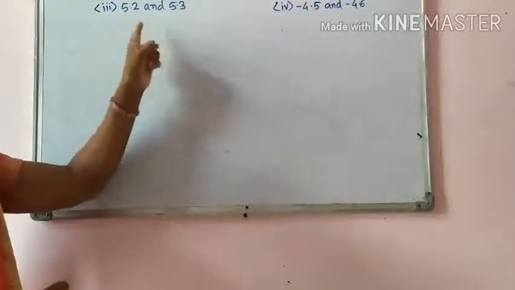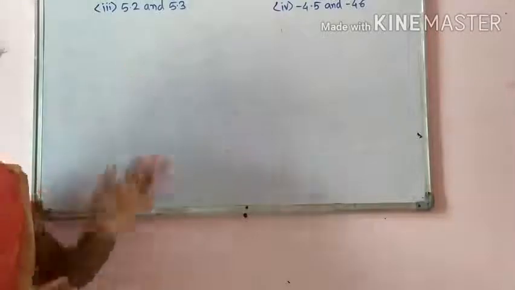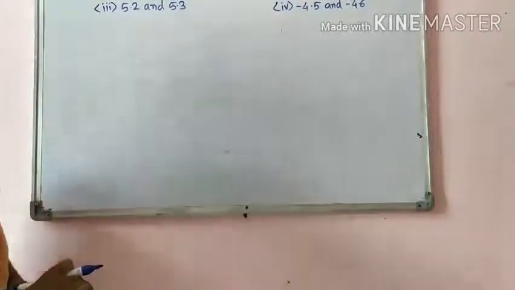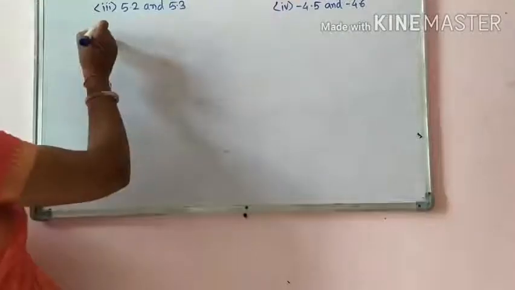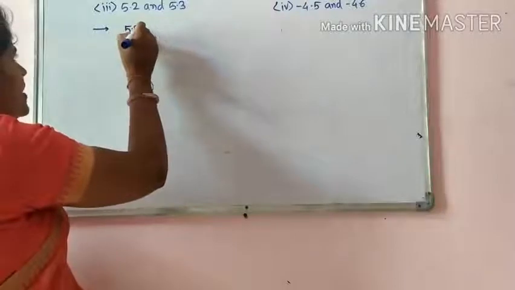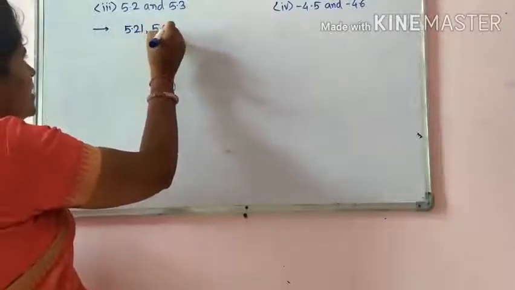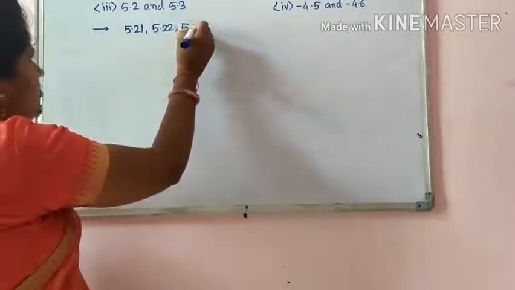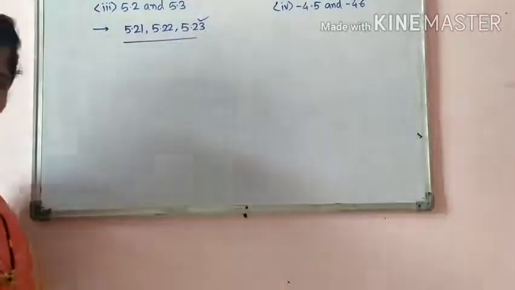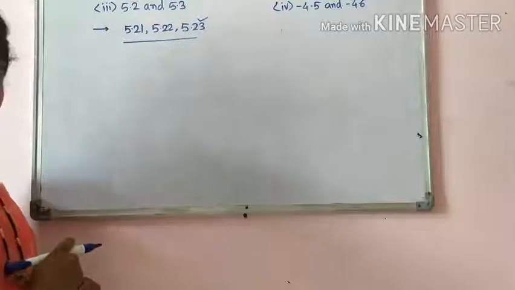Find rational numbers between 5.2 and 5.3. Now we know that there are infinite rational numbers here between the two rationals again. So the numbers are 5.21, 5.22 and 5.23. These are three rational numbers between 5.2 and 5.3.